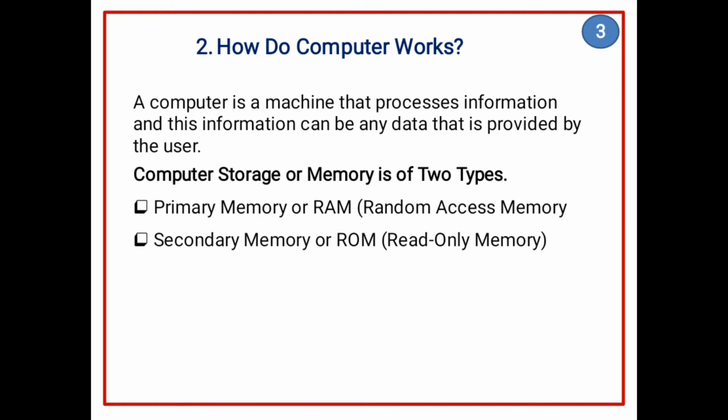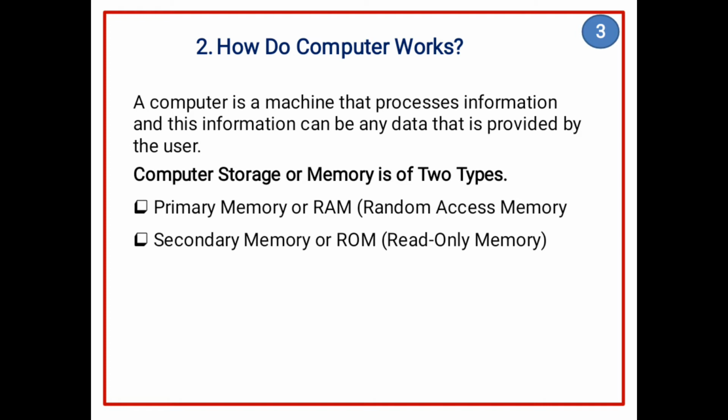And the second type of computer memory is ROM. In this memory, the data stored in ROM is read only and is stored permanently. The ROM stored instruction is required to start a computer.